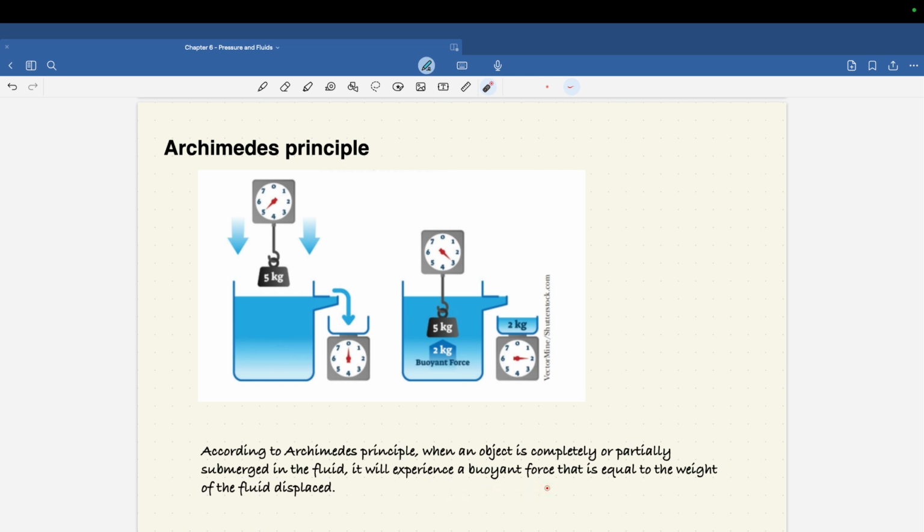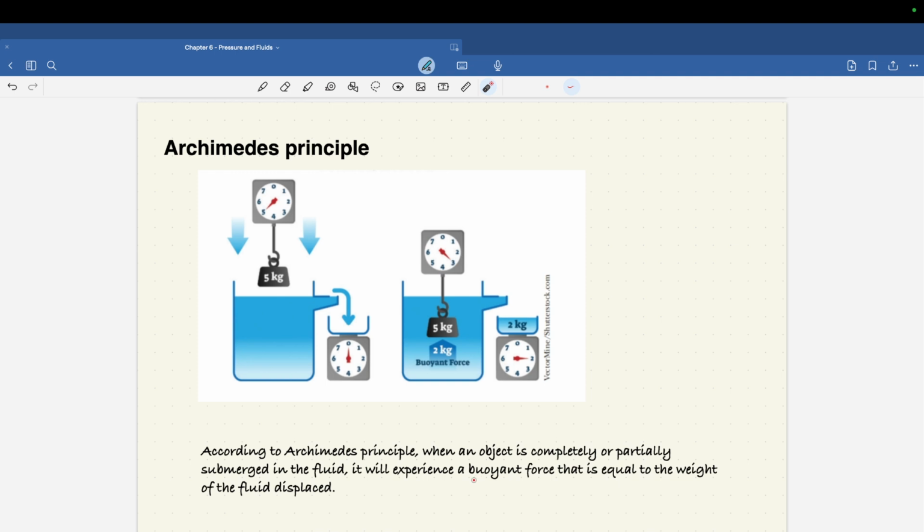But you have to remember that the buoyant force is equal to the weight of the fluid displaced. This is obviously why huge ships are able to float in the ocean. Although the weight of the ship is big, because of the shape, it's able to displace its own weight.